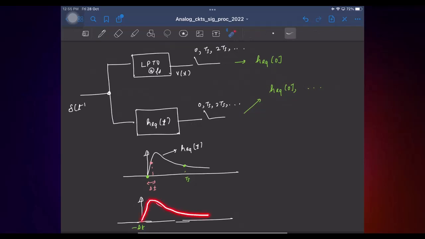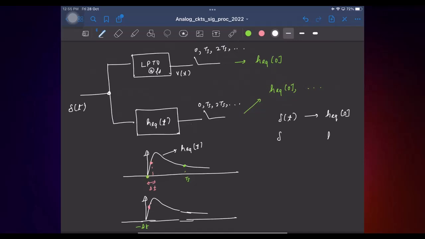This will be the equivalent impulse response output here. I will sample it at t equal to 0. I get, maybe shifted it too much. Yeah, I will get the value at this guy. Is that fine? So apply delta of t, that gives me H equivalent of 0.